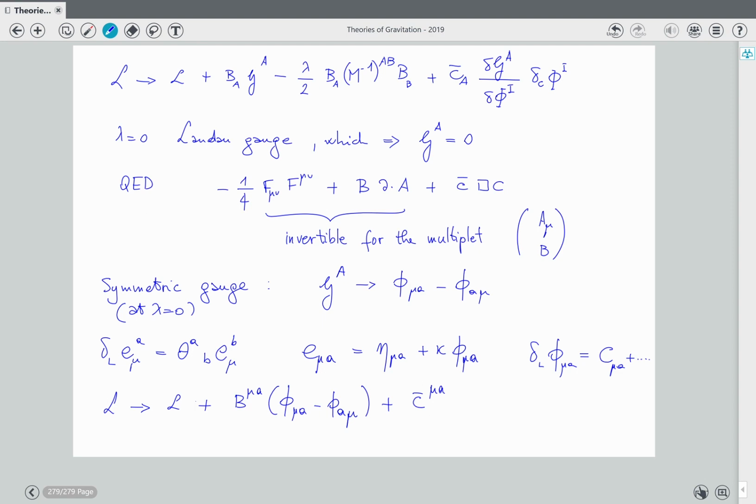Maybe you don't see it, but if I want to make the variation of delta, the variation of eta will be 0. So the variation of delta is the variation of phi up to a constant. But the variation of phi is to the lowest order the parameters themselves, because to the lowest order E is eta. So the variation of phi to the lowest order is the parameters which I will call C, including the constants kappa and whatever. Okay, is this clear?